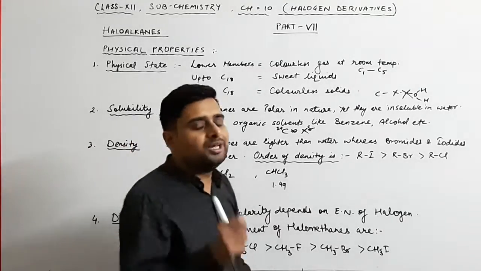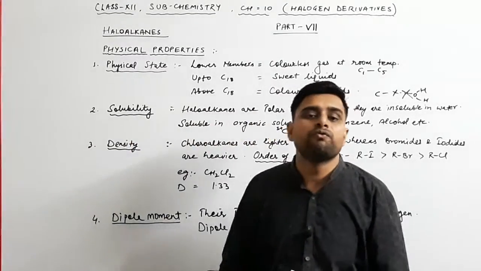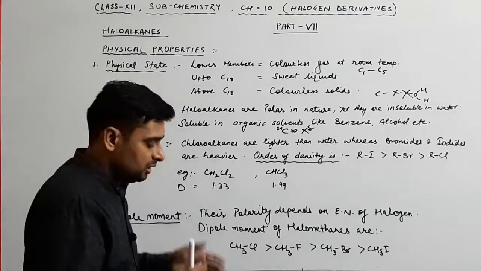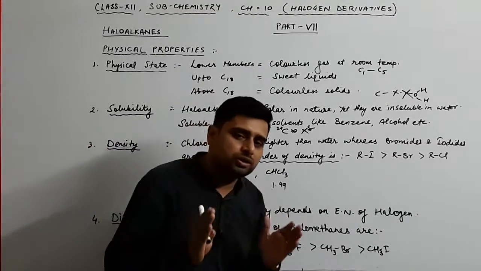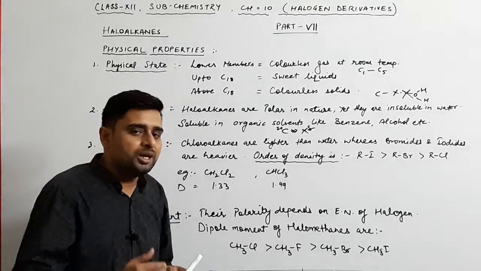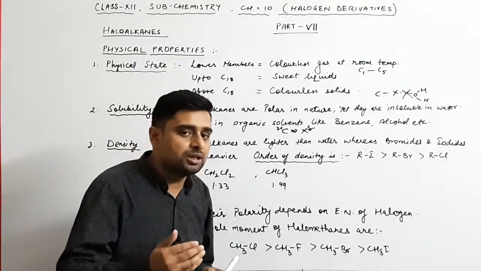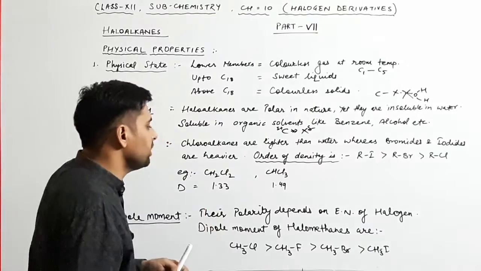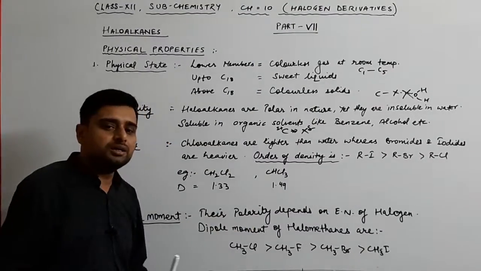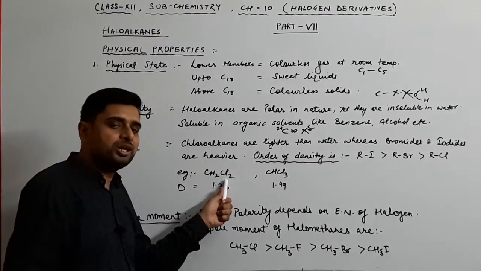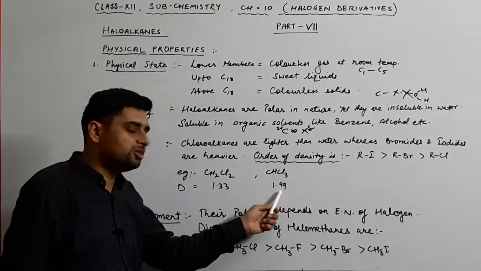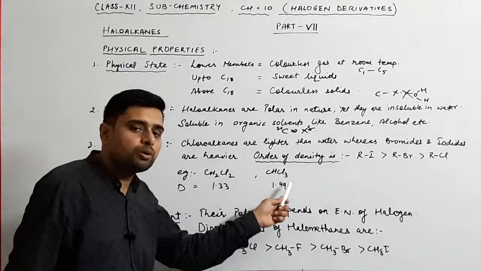Because on increasing the number of halogen atoms in haloalkane compounds, यदि हम हेलोजन कंपाउंड्स के अंदर हेलोजन एटम के नंबर्स को बढ़ा दें, then the density increases. Here 2 chlorine atoms are present, here 3 chlorine atoms are present, so the density is maximum in chloroform.